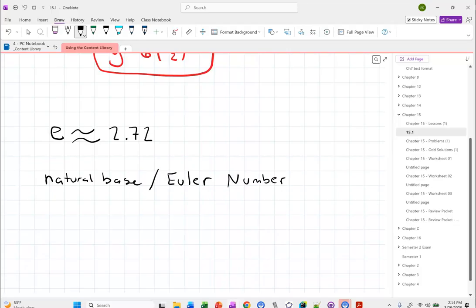Are you good? So there you go. All right. So what is the power of this number, right? We'll talk about that a little bit later. The way this number is formally defined, though, is this.